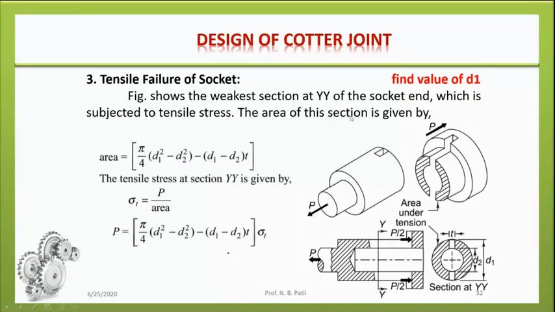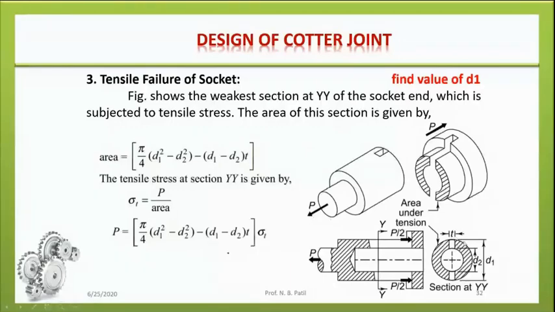Then the socket end, which is subjected to tensile stress, and the corresponding area regarding that, this much of the area that we represent over here. Outside diameter D1, then the inside diameter over here is D2, and t is the thickness of your cotter.